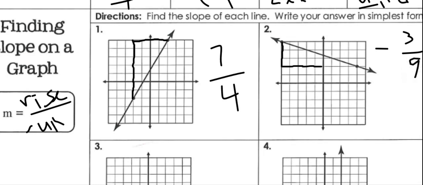So it's negative 3/9, which is negative 1/3. So this was down 3 and over 9. If we chose a closer dot, like this one here, if we could have put a dot there, which we could have, and then you go down 1 and over 3. So anywhere along the line, it's the same slope.